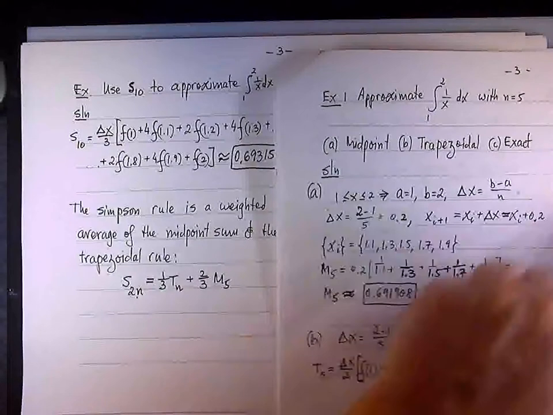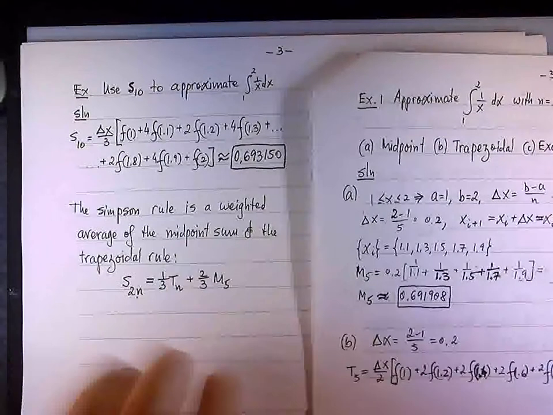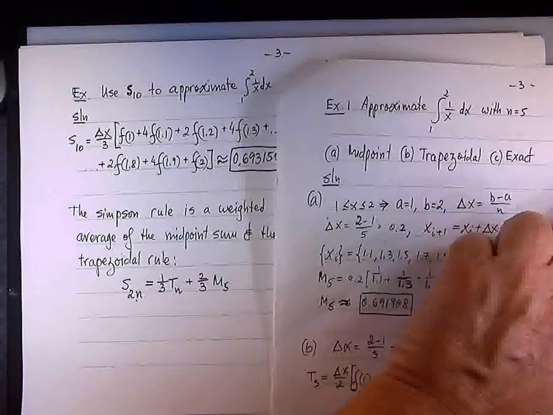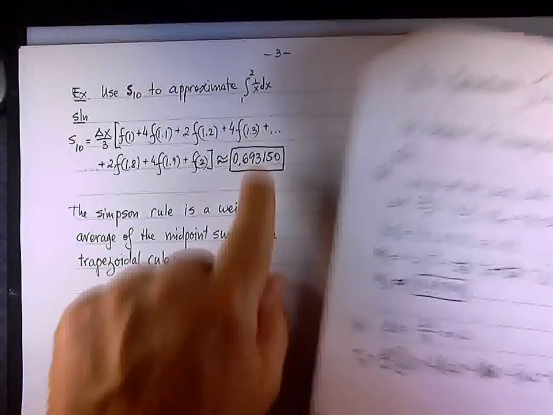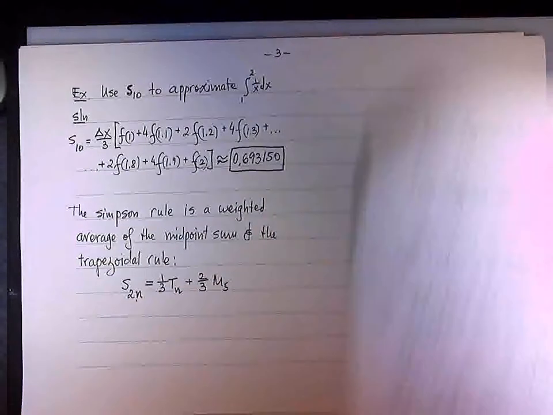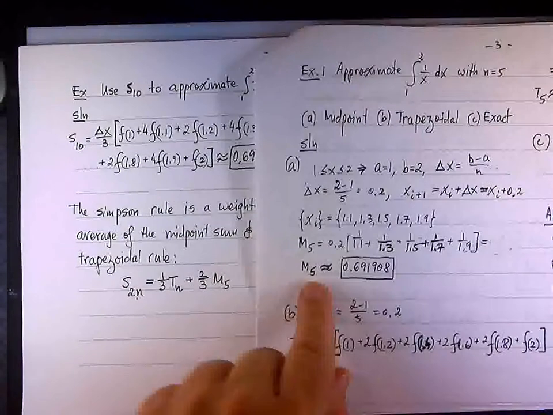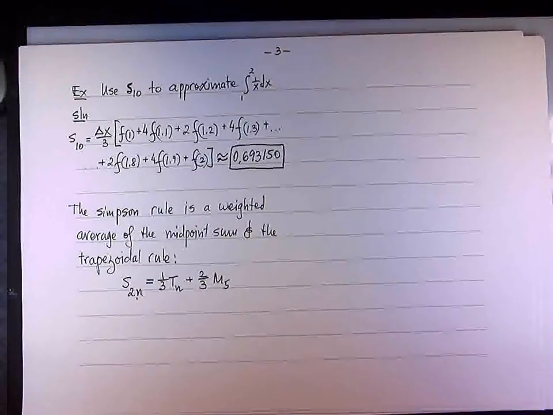We had before M of 5 and T of 5, but now we calculate S of 10. If you take 1/3 of T and 2/3 of M, you end up with this. That's what we used last time, 5 and 5, and we compare it to the 10.